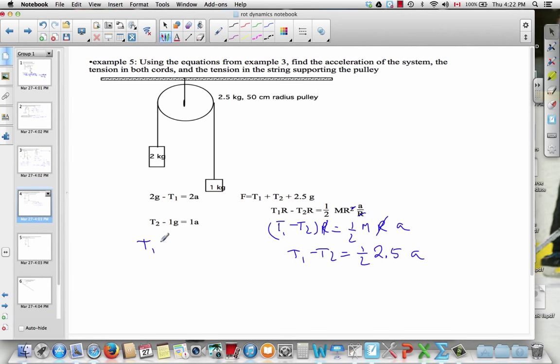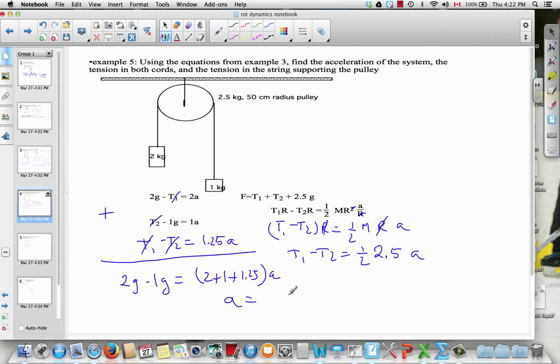I'm going to write it over here. Now 1/2 of 2.5 is 1.25. And I now see that if I add those three equations together, minus T1 plus T1 cancels, plus T2 minus T2 cancels, and I just get 2g minus 1g is equal to 2 plus 1 plus 1.25 times a.